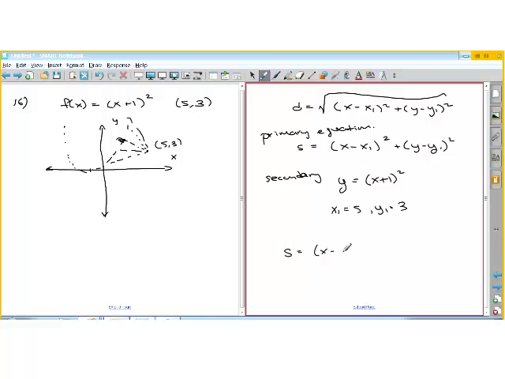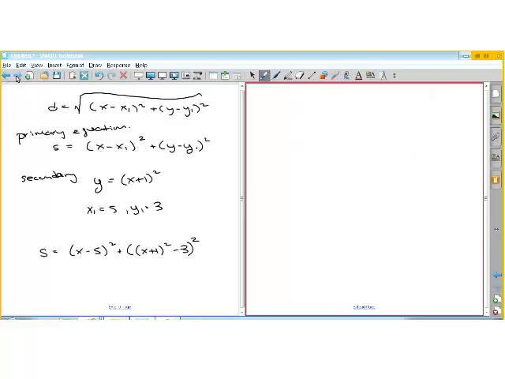So you get x minus 5 squared plus y, but y is equal to x plus 1 squared, and we subtract 3, and we square it. x minus 5 squared plus y is x plus 1 quantity squared minus 3.